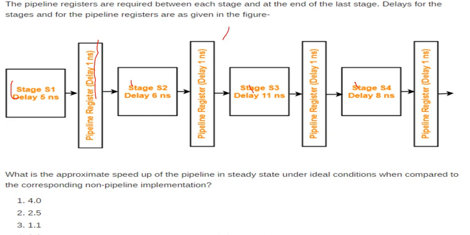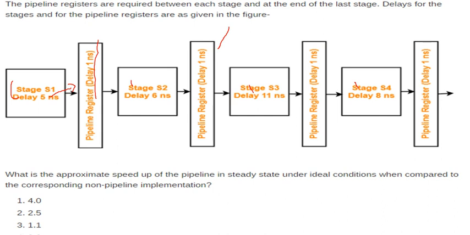They have given us some delaying circuits also. In the delaying circuits, we are basically having pipeline registers. So what are the pipeline registers? Actually, when the data is passed from one stage to another, temporarily we need data to be held somewhere. And to hold that data, we use pipeline registers.